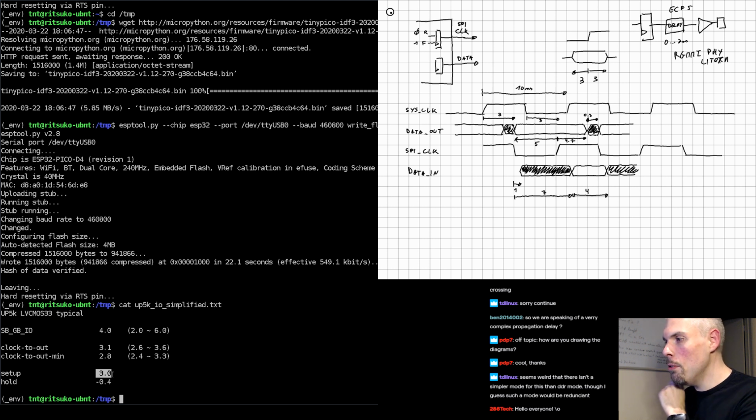So we need to fit a 3 nanosecond setup window inside a 4 nanosecond valid window to be guaranteed that the capture from the flash chip is going to work. That could be worse. It's not ideal, obviously, because we only have one nanosecond of margin, but that could definitely be worse.